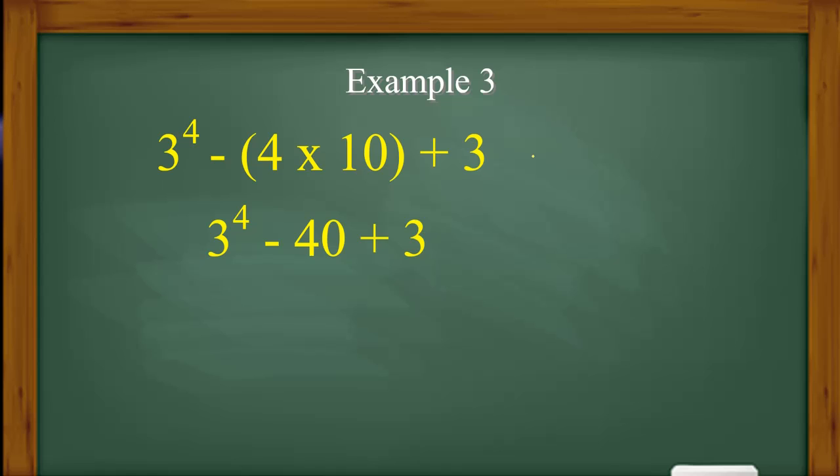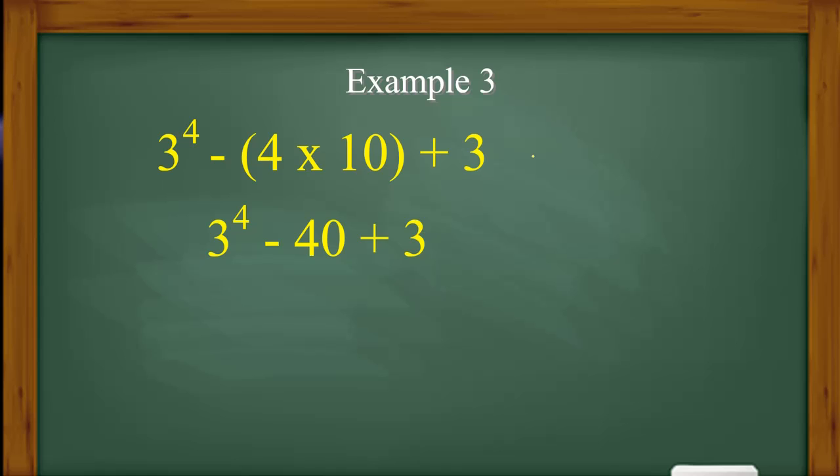Next step is to perform numbers with exponents. Do we have numbers with exponents? Yes, we have 3 raised to the fourth power. So what do we mean by 3 raised to the fourth power?